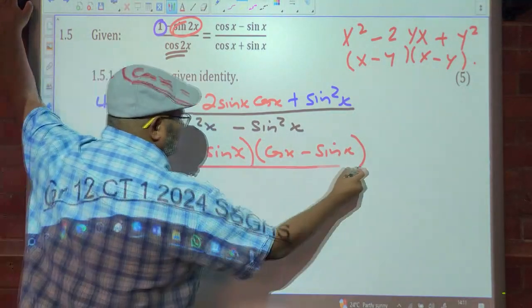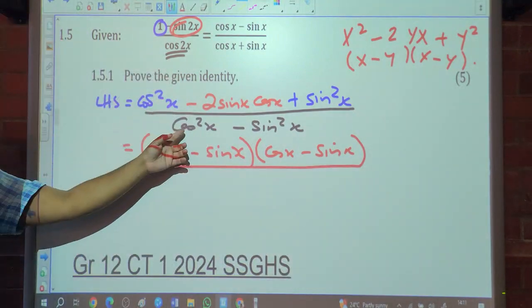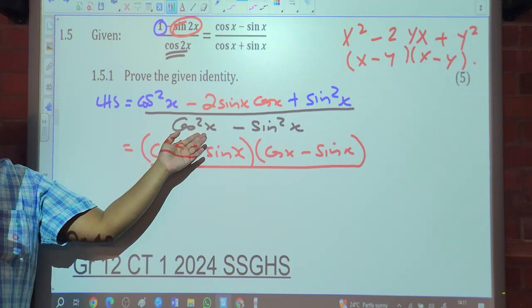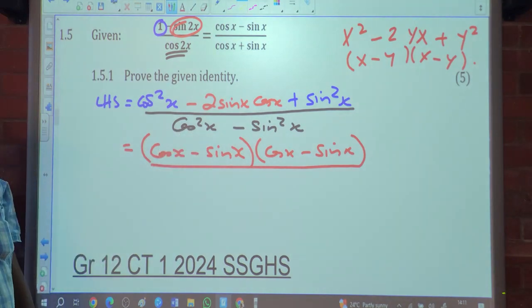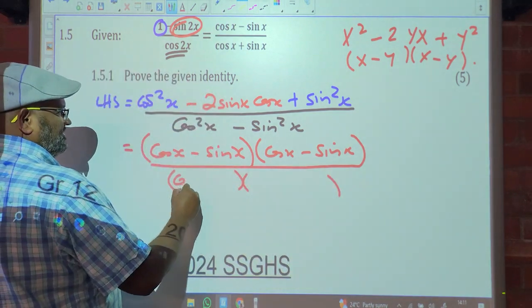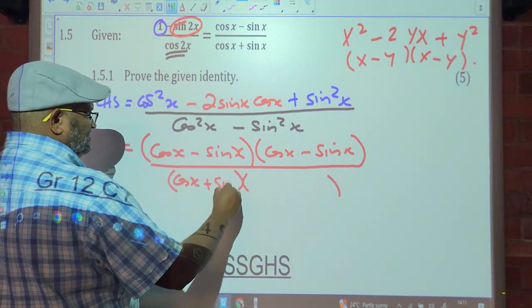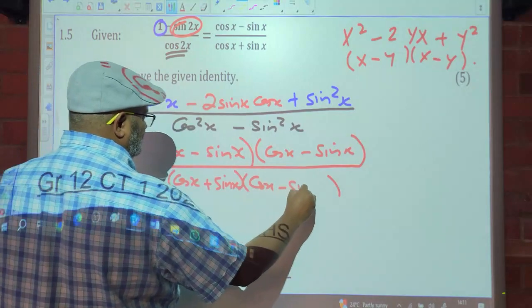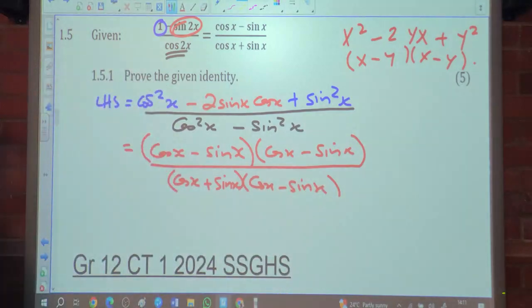And this is all over. What can happen here? What's the factorization here? Yes, difference between two squares. So that would simply be cos x plus sine x and cos x minus sine x. So what can happen now?